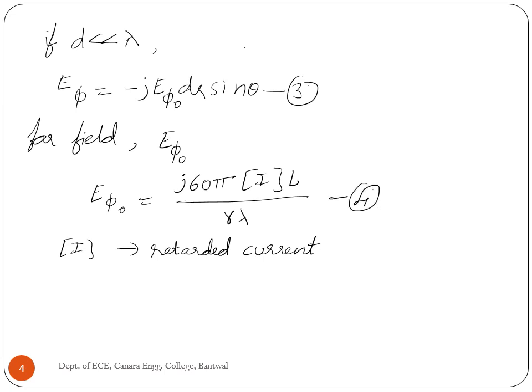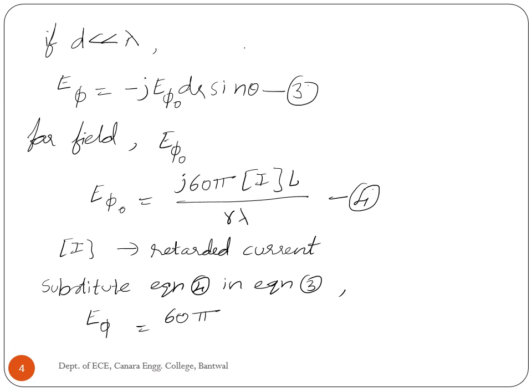Substituting equation 4 in equation 3, it gives E phi is equal to 60 pi I L beta d sin theta divided by r lambda.